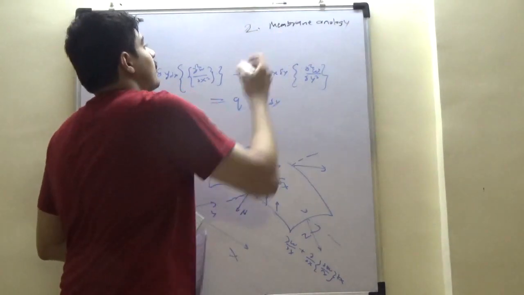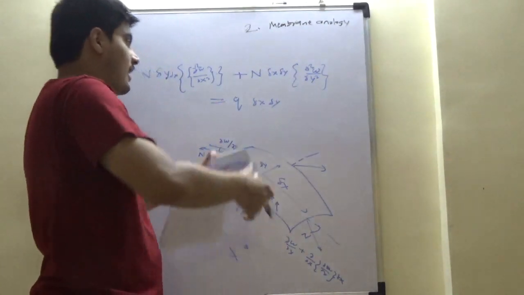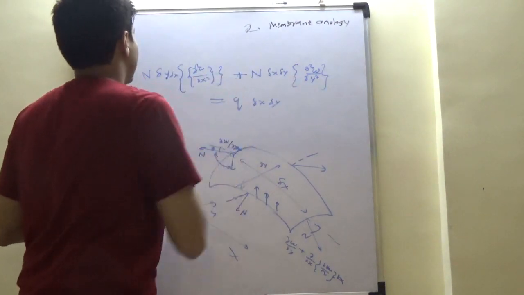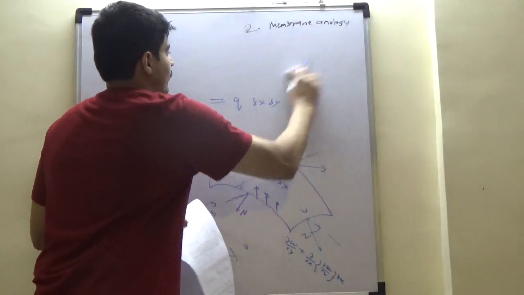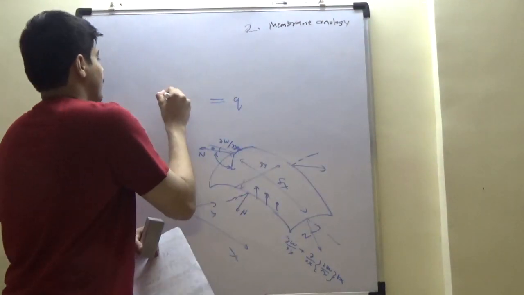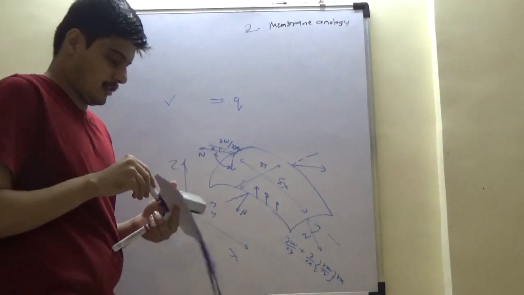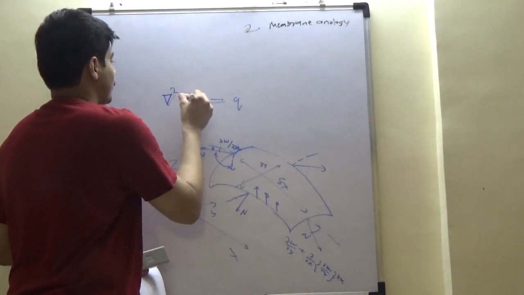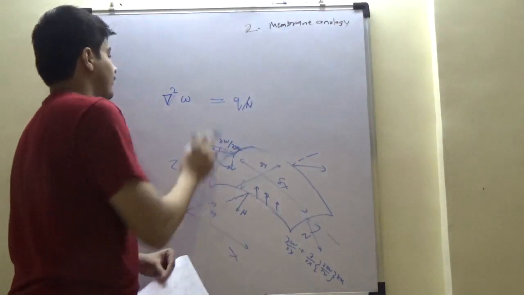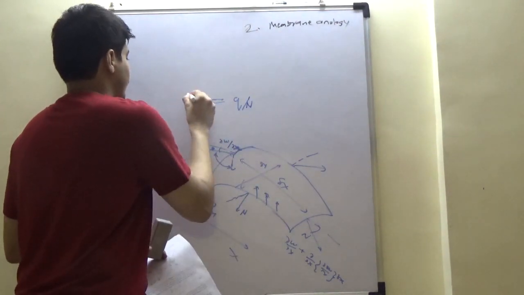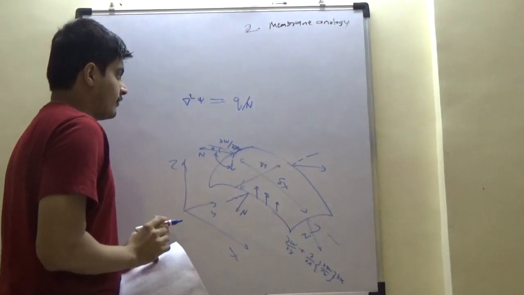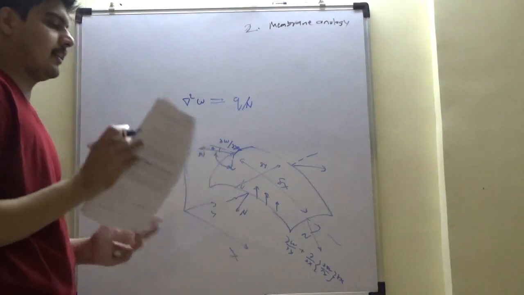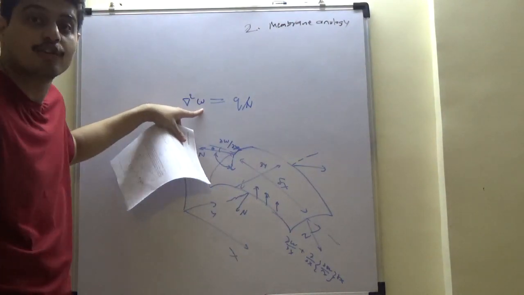And this was the powerful analogy of Prandtl, when he said, imagine a membrane which is uniformly loaded, the distribution is such that del square W is equal to Q by N, the membrane answer, right? And this looks extremely analogous to my Saint-Venant displacement warping function.